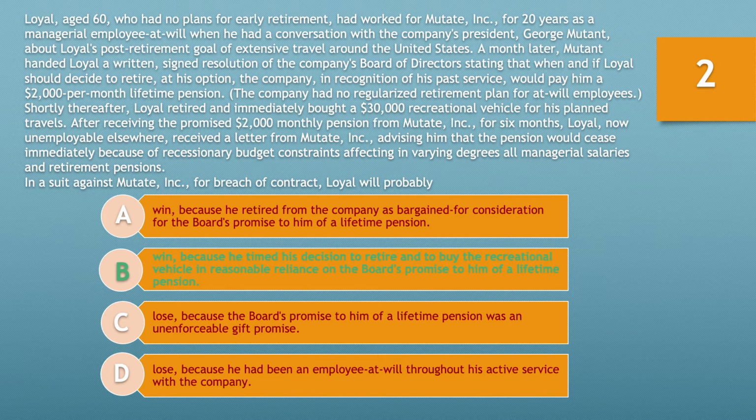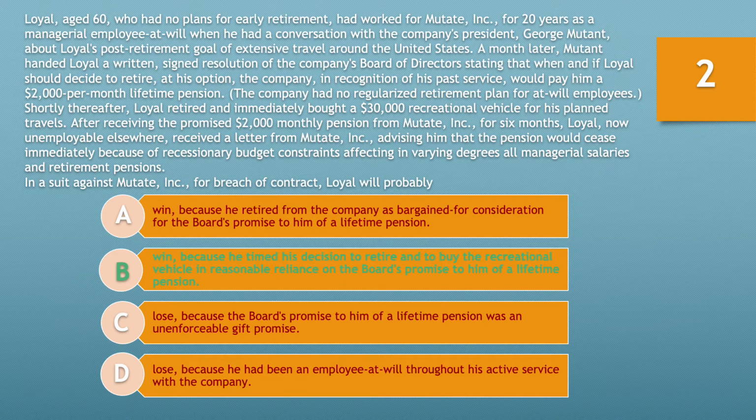While nobody from the company asked Loyal to do any of these things, Loyal clearly took these steps in reliance of the company's promise. This reliance was reasonable, detrimental, and foreseeable. As such, Loyal will probably win a suit against Mutate Inc. because he timed his decision to retire and to buy the RV in reasonable reliance of the board's promise to him of a lifetime pension.